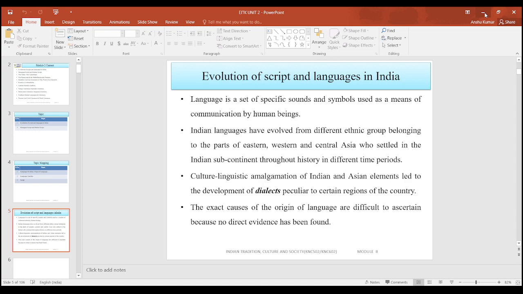Let's think with an example. Suppose Hindi is a language. Yes, it is a language listed in the 8th Schedule of the Indian Constitution. Hindi is the language, Devanagari is the script, and Braj Bhasha, Haryanvi or Rajasthani are the dialects of Hindi.